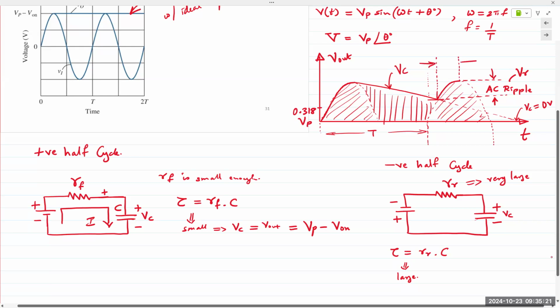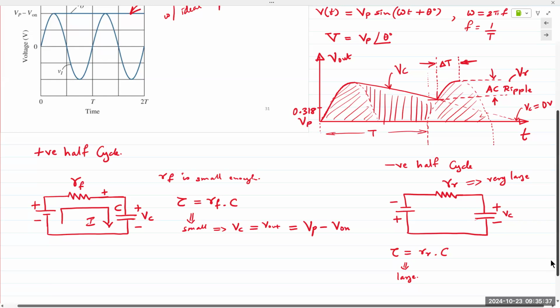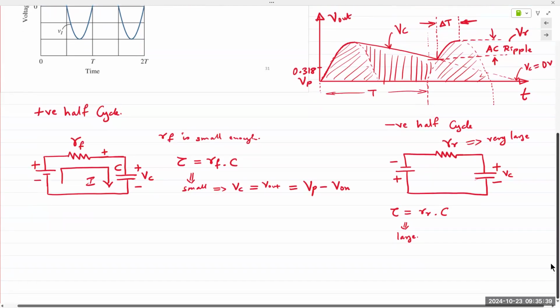And this is known as delta T. So the diode is only conducting for a little portion of the input cycle. And that is signified or noted as delta T. And that is known as the conduction time. So I'm going to write it down right here.